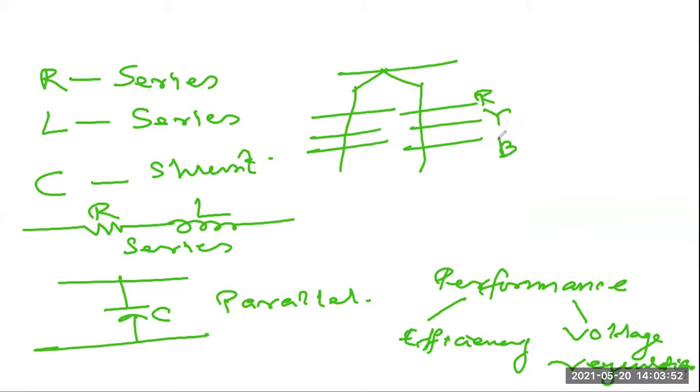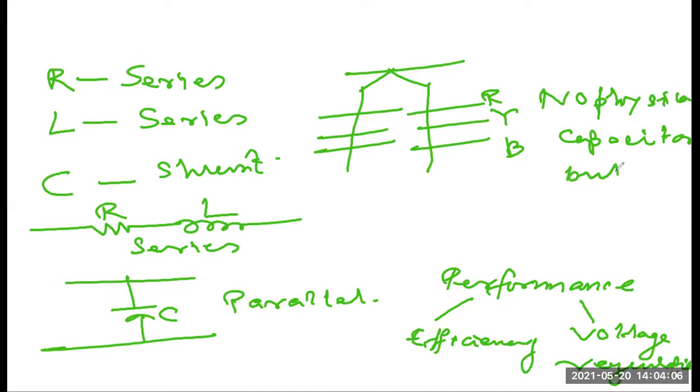Now, if you see any transmission line, no physical capacitor is connected. No physical capacitor. But capacitance exists.